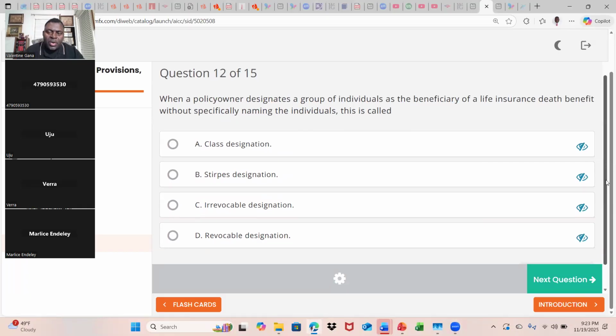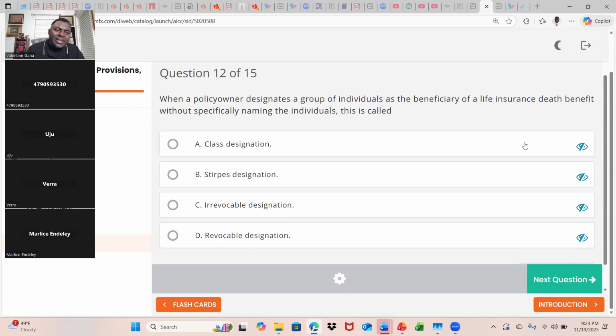Can you read this one again? When a policy owner designates a group of individuals as the beneficiary of a life insurance death benefit without specifically naming the individual, this is called... I'm thinking A. Correct.